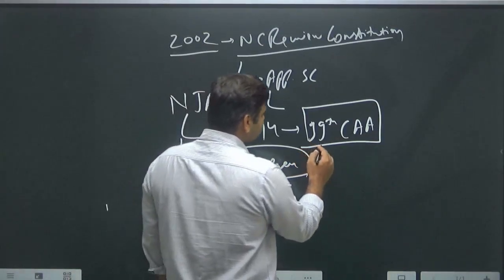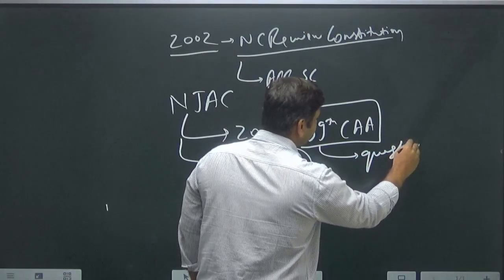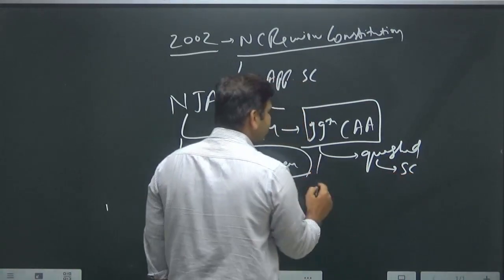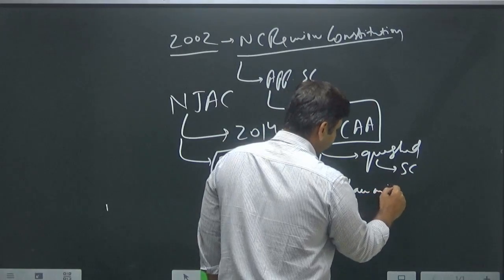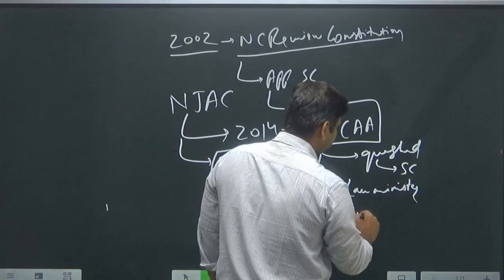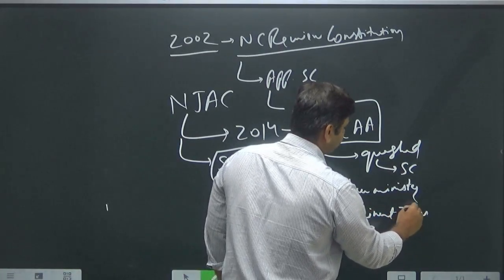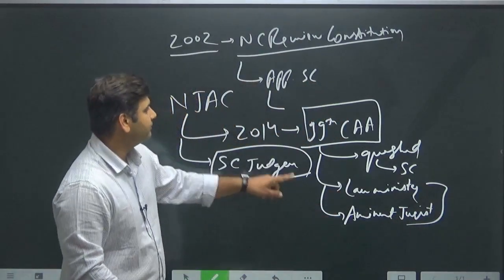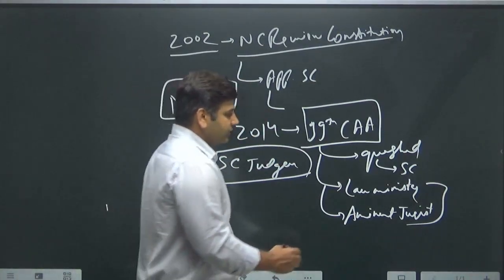But this step of the government was quashed by the Supreme Court, citing the reason that the law minister and the eminent jurist, who would be members of the National Judicial Appointment Commission, were given veto power by the act.